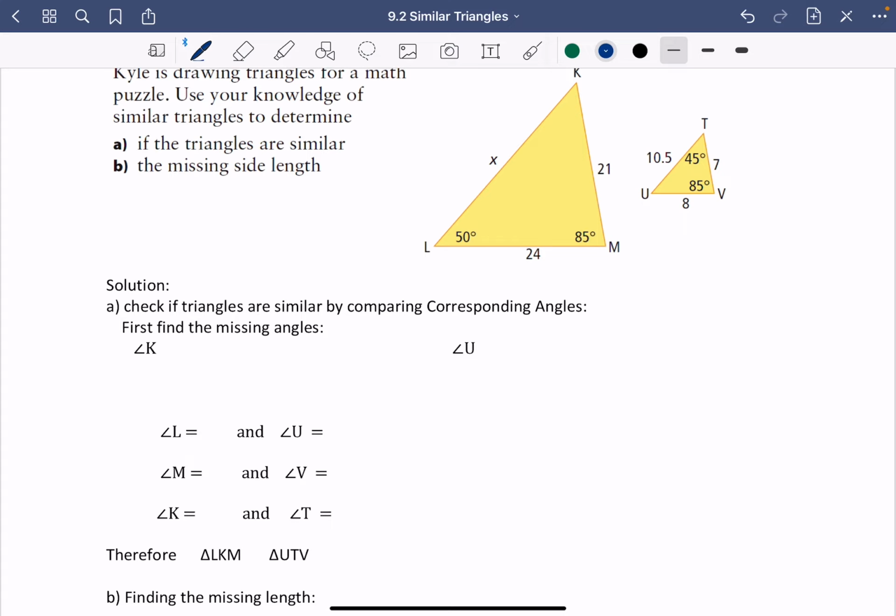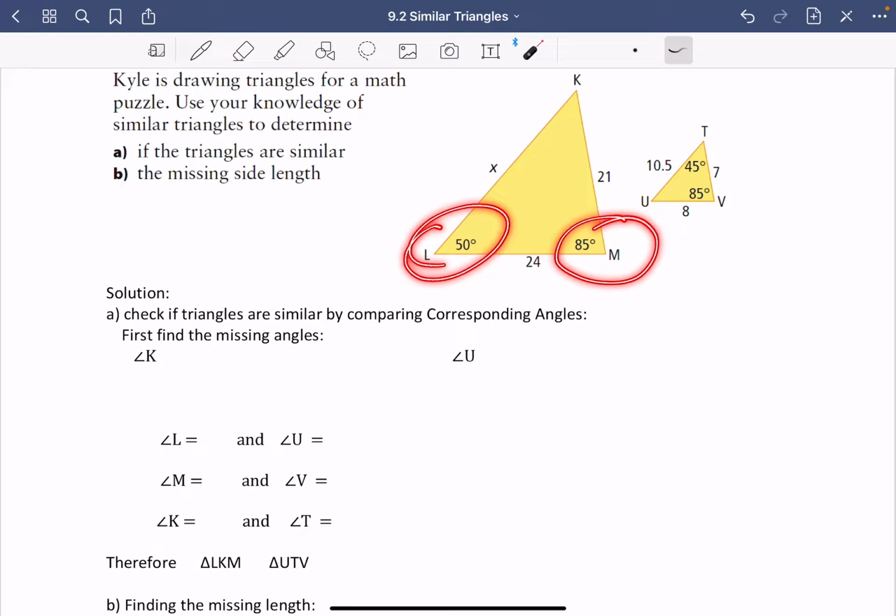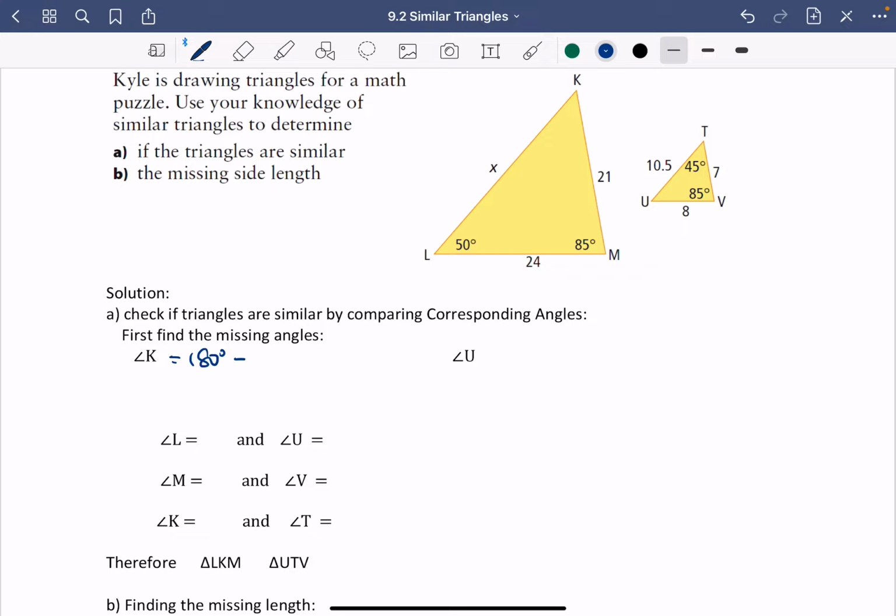So corresponding angles. Angle K is equal to 180 minus 50 and minus 85. So let's write that down. 180 minus 50 minus 85. And what is that equal to?